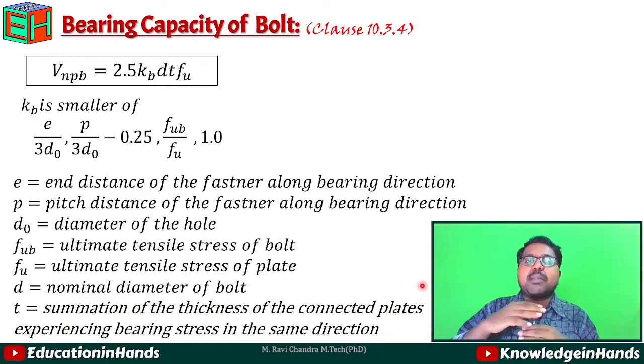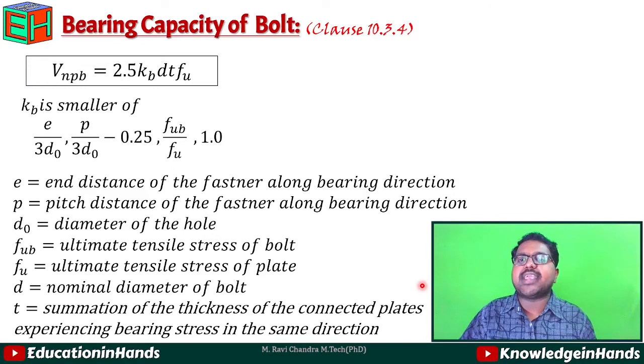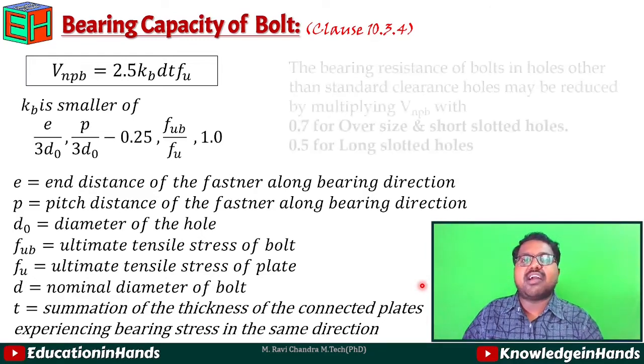That means for the cover plates used in the butt joint, we need to consider the thickness of both cover plates. With all these, we calculate the value of VNPB, and then VDPB, which is the bearing capacity of the bolt. Then here also there are some reductions in the bearing capacity of bolts.